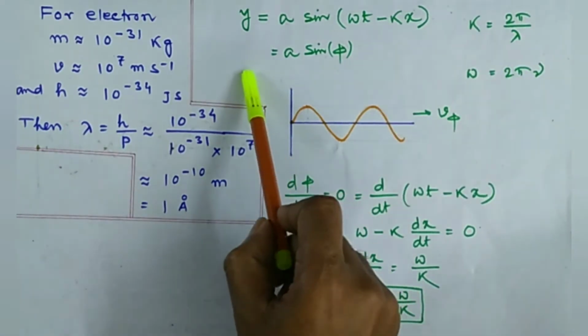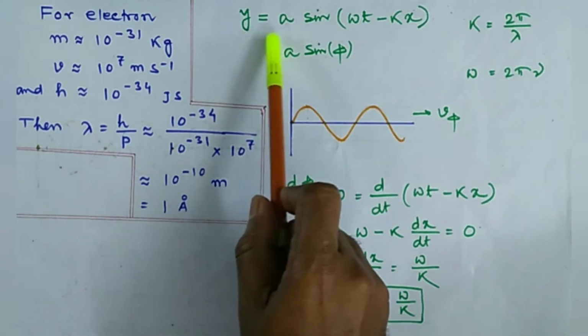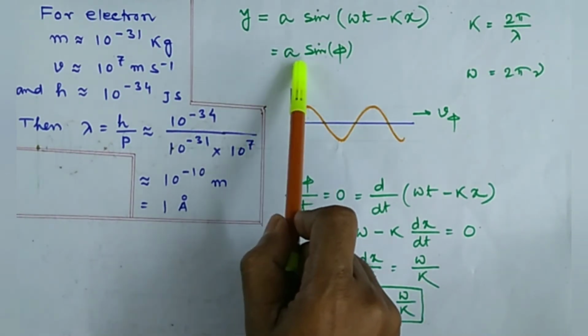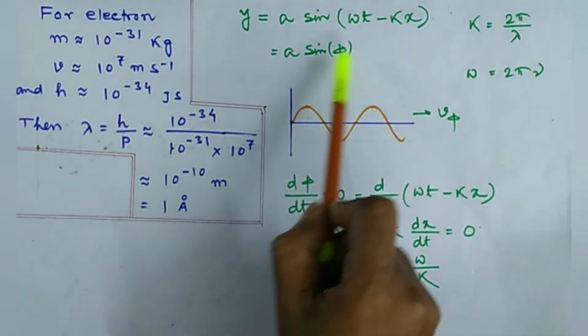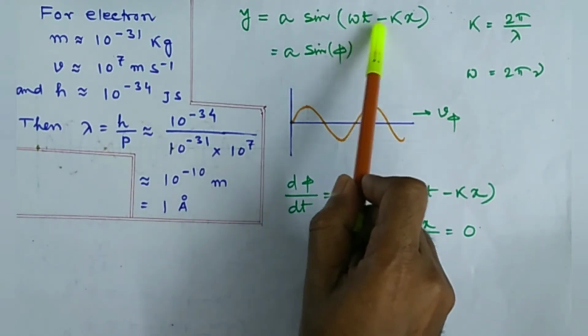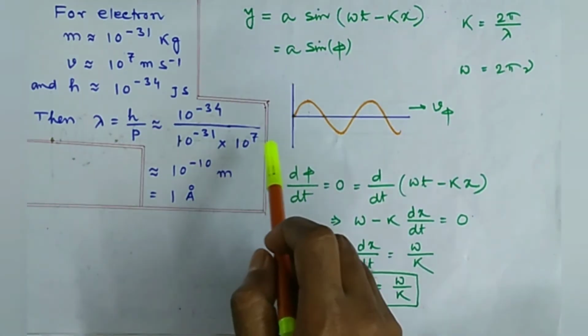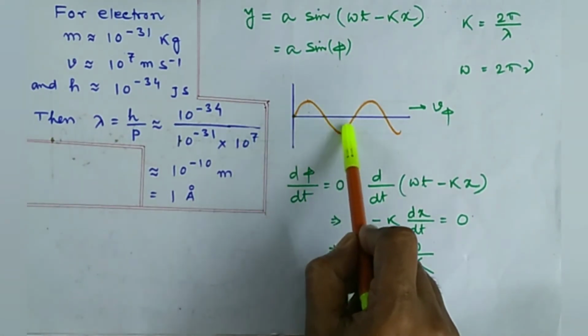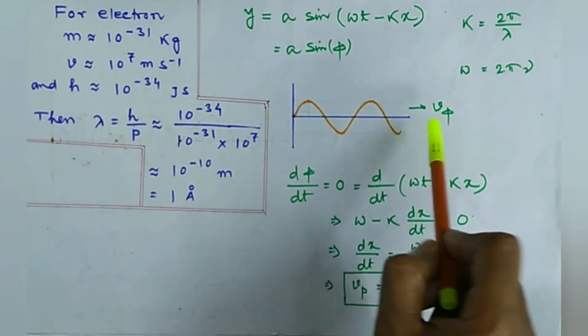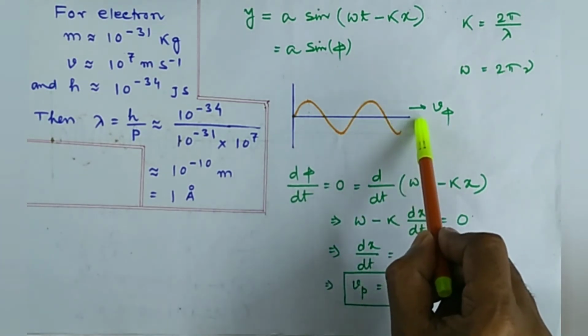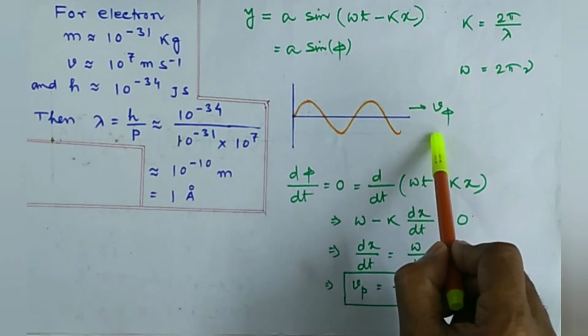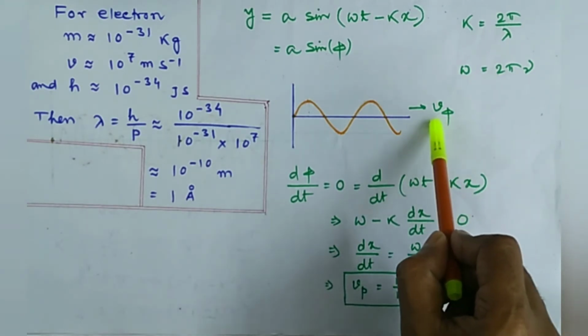For simplicity, we write the equation as y equal to a sin phi, where phi equal to omega t minus kx. Imagine a graphical representation of the wave and the wave is propagated along the right direction with velocity v phi.